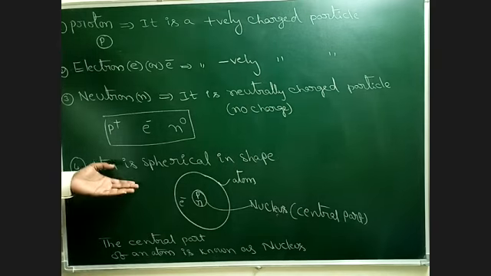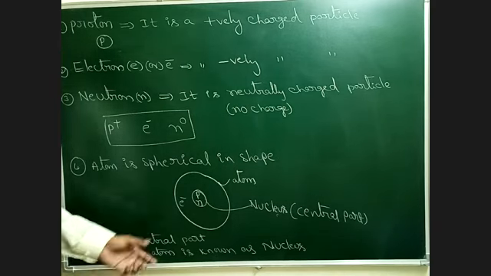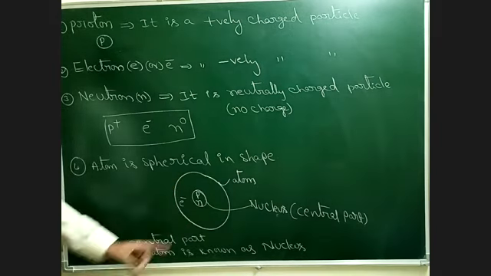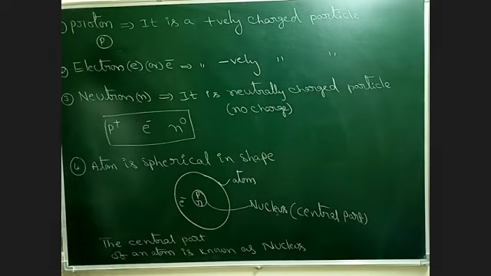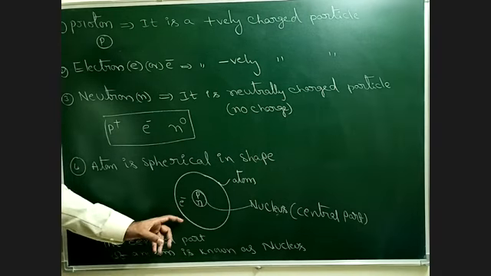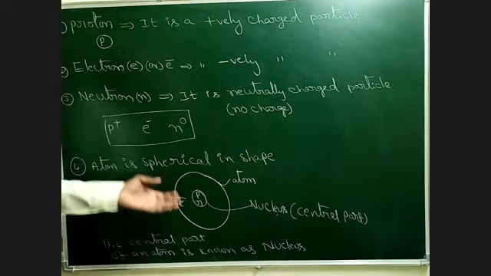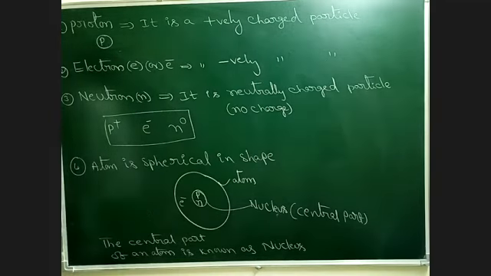I repeat, the atom is spherical in shape, in which there is a central part known as the nucleus, in which protons and neutrons are present, and electrons are outside of the nucleus. That is the simple structure of an atom.